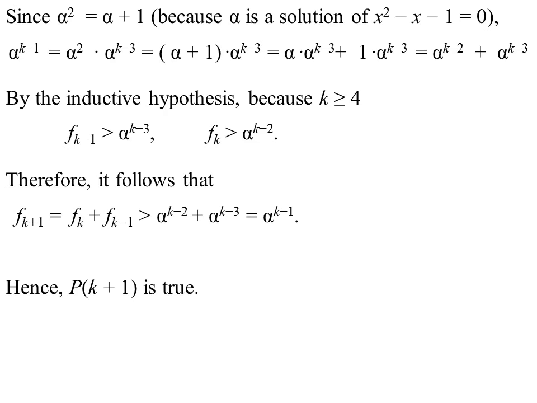This you can check by using the formula for finding the roots, that is minus b plus or minus root of b square minus 4ac divided by 2a, with the values of a equal to 1, b equal to minus 1, and c equal to minus 1. When you find the value for minus b plus root of b square minus 4ac by 2a, then you get the alpha value as (1 plus root 5) whole divided by 2.